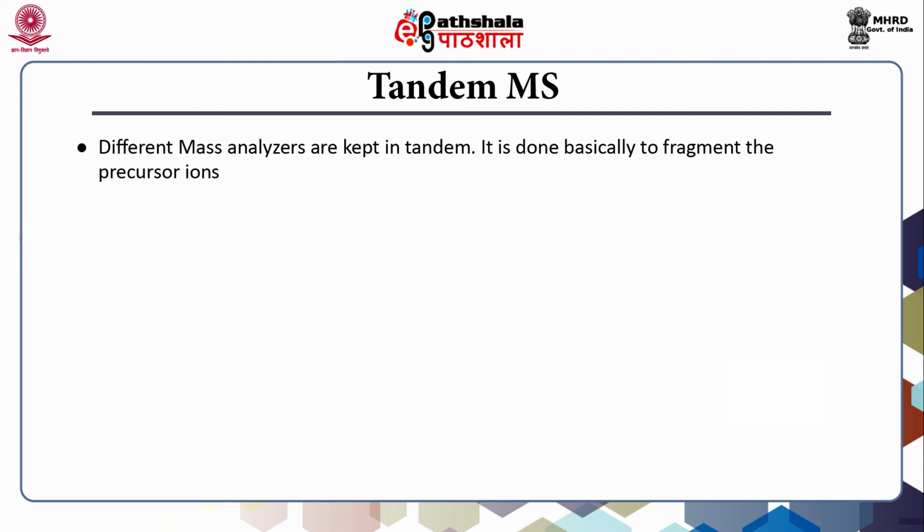What is a precursor then? That means when a particular substance which has been ionized enters into the mass spec, it has different chambers. In the first chamber, in the mass analyzer itself, the mass is analyzed and it gives a mass.